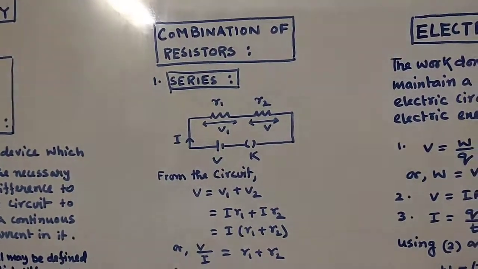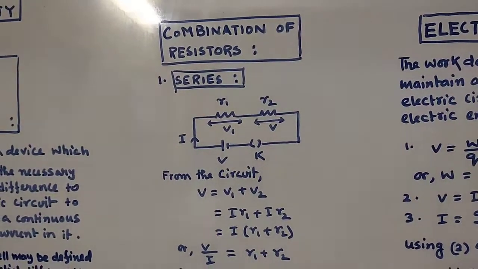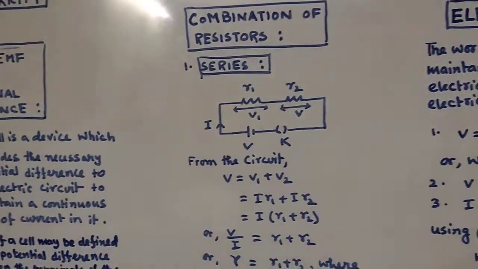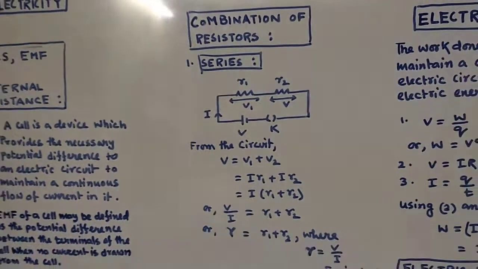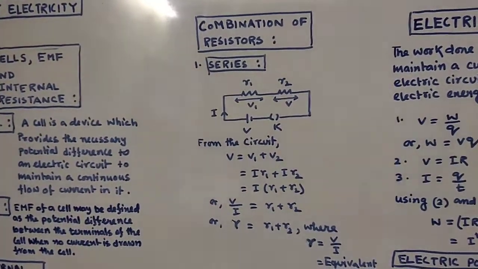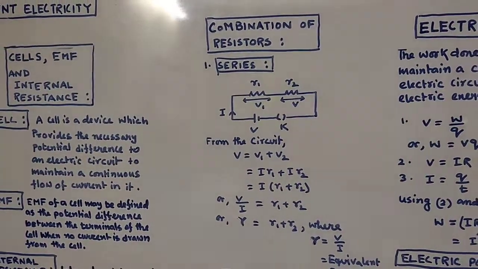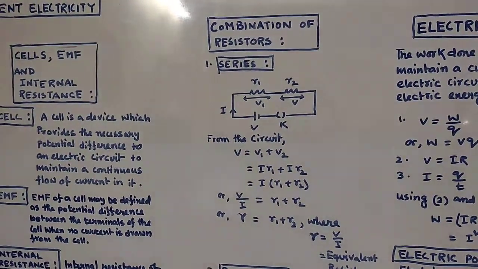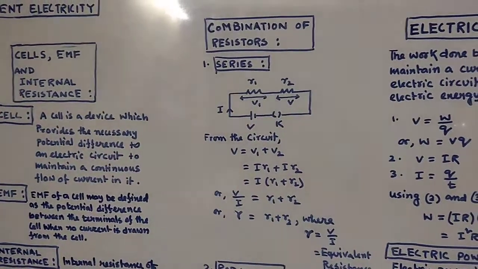The current flows from the positive terminal and moves through the resistors R1 and R2, and again it moves to the source.